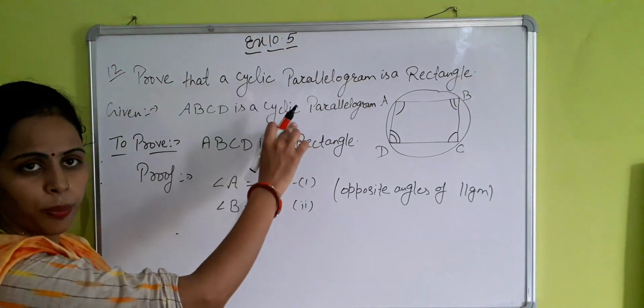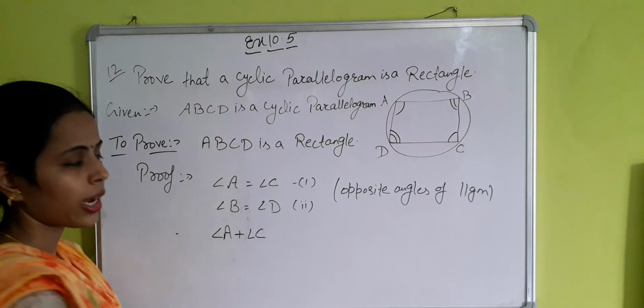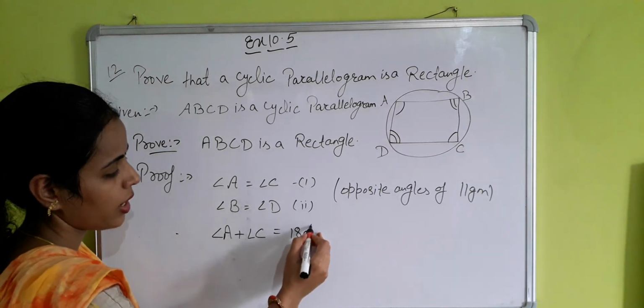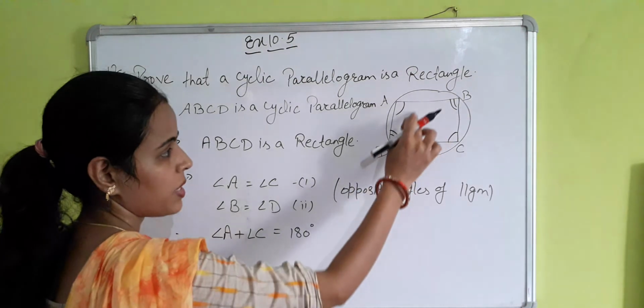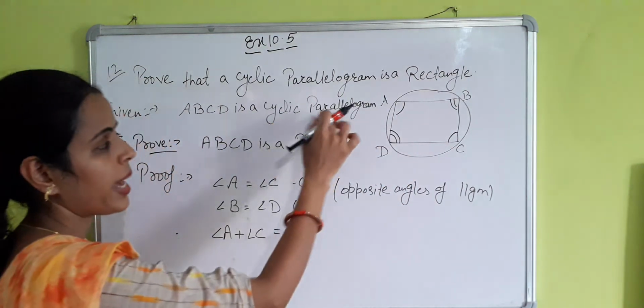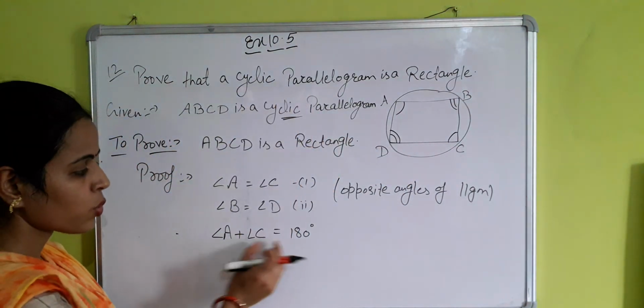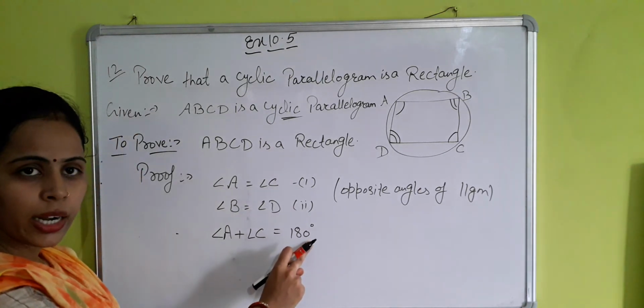Cyclic parallelogram. Angle A plus angle C is equal to 180 degree. Why? Because ABCD is a cyclic parallelogram. In cyclic, sum of opposite angles equals 180. Why?